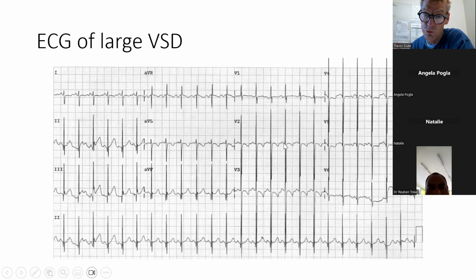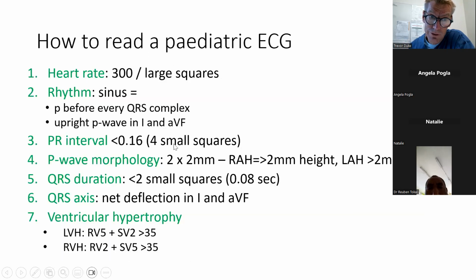So that suggests there's no evidence of ventricular block. There's not a right or a left bundle branch block because the QRS duration is normal, right?